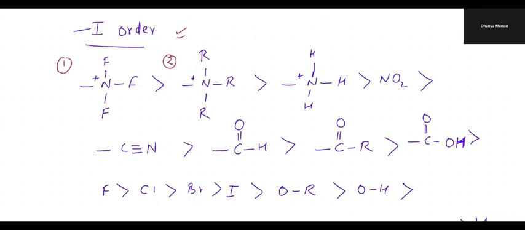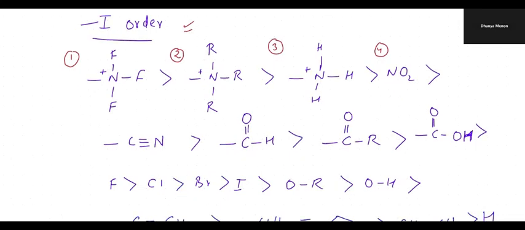The third one, NO2 group. In between, there are many groups; these are just the common ones that we are discussing. Then cyanide CN group, then CHO aldehyde group, then the acid group.